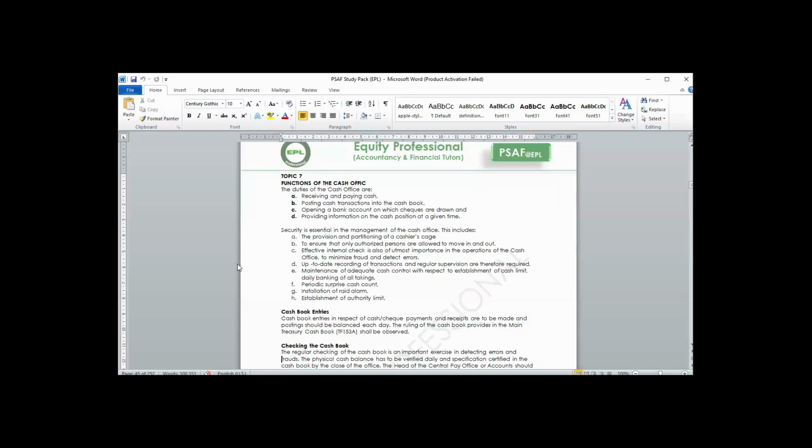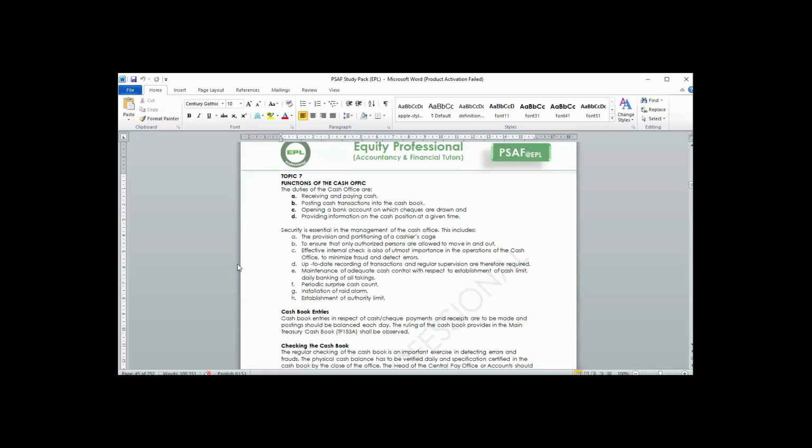In that regard, they are also meant to prepare what we call a bank reconciliation statement. A bank reconciliation statement is a statement prepared in order to balance the differences between the cash book and the bank balance.